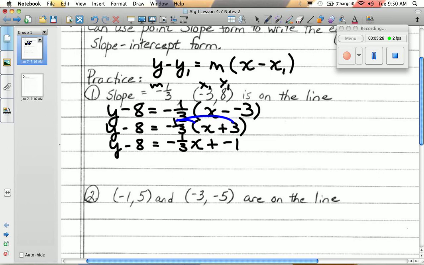So what would be our next move? Now we would add 8 to both sides. Do you see why it's more beneficial to add the 8 now? Because otherwise we would have had it outside those parentheses and we still would have had to do that simplifying first. So we have y by itself, negative 1/3 x plus 7.